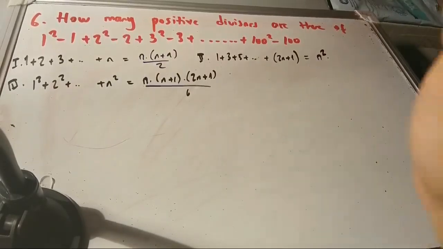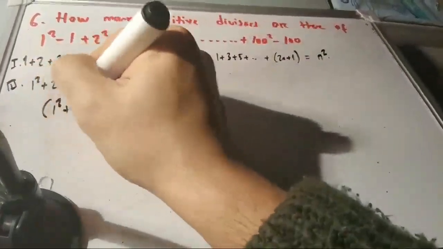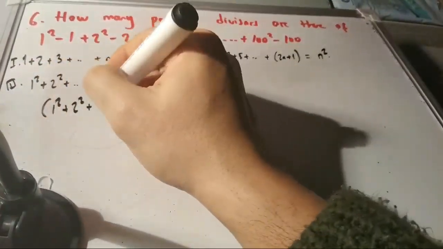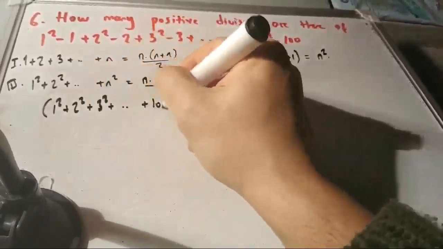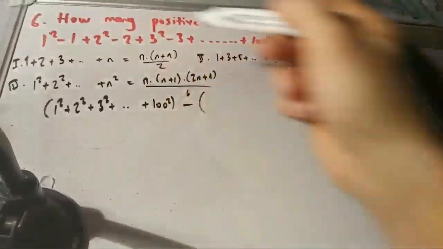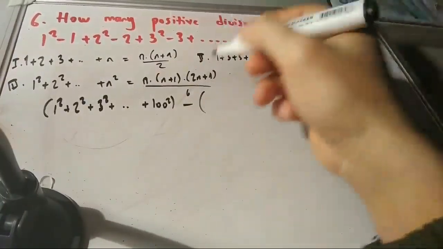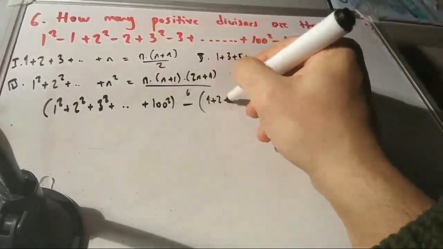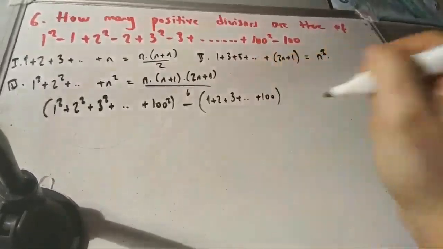So I will make a group. We can separate it as 1 squared plus 2 squared plus 3 squared till 100 squared, minus 1 plus 2 plus 3 plus till 100.